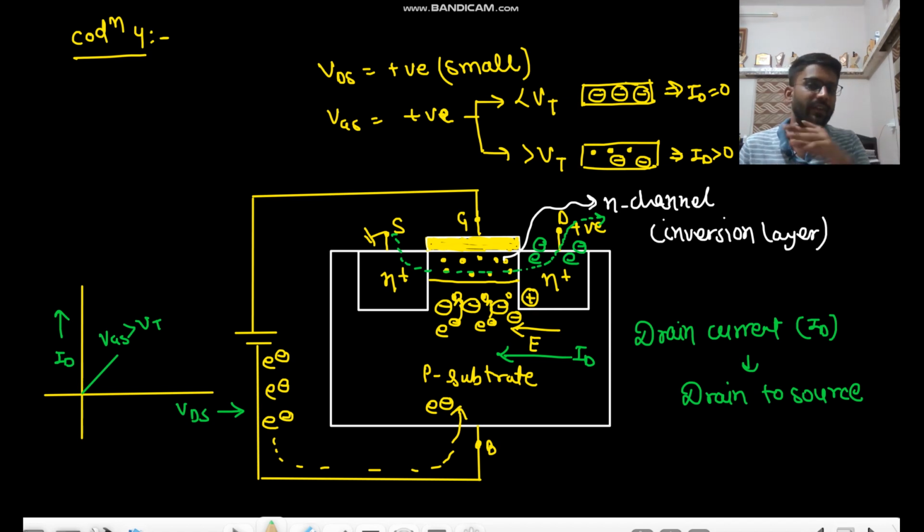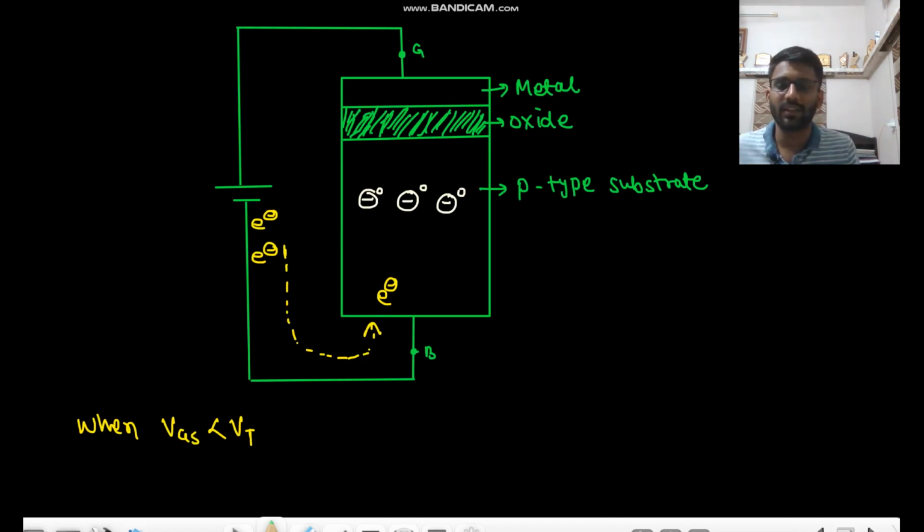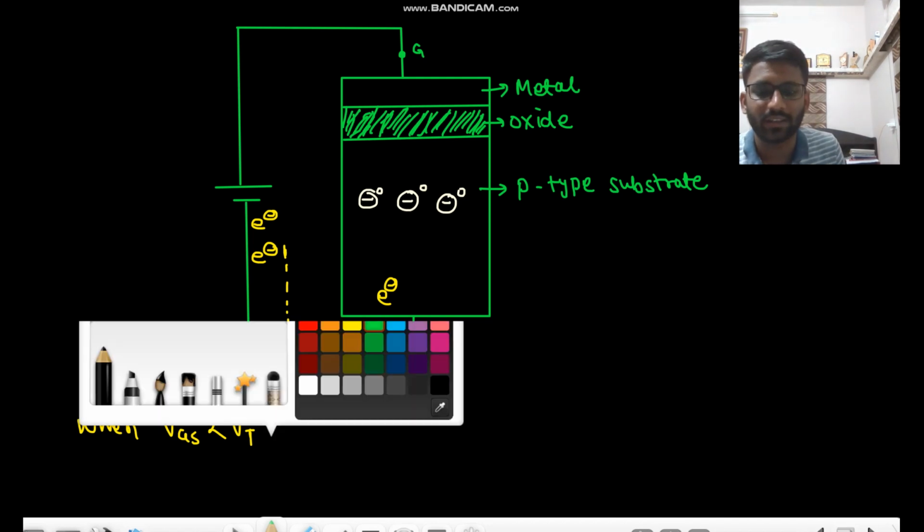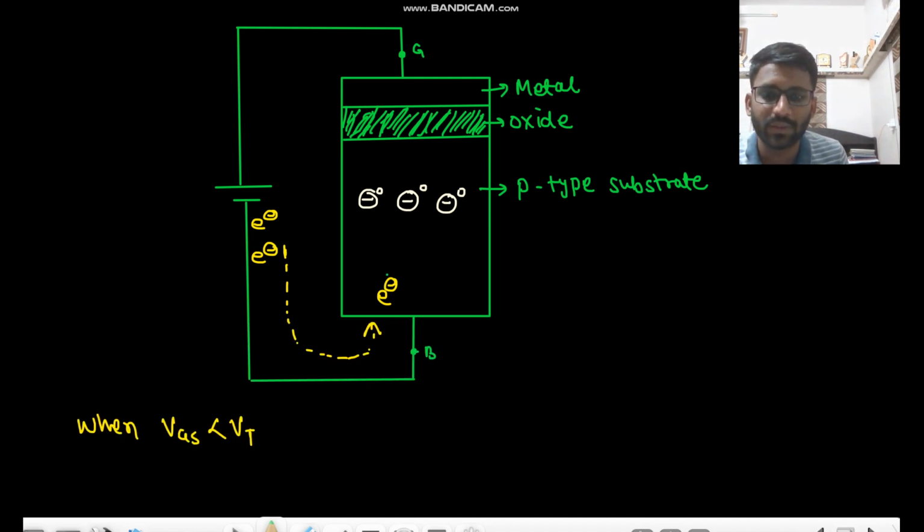Now what we will do, we will increase the VDS value. So the condition, yeah, like this also we can make, that I have already explained you. Just to make more clarity how inversion layer is formed.